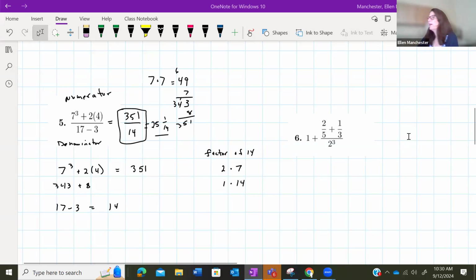And I will count it as correct, if it's on the test or the quiz or the homework that you turn in. I would give you credit for that. Okay, everyone good on this one? Do the top, do the bottom, and then combine the two.